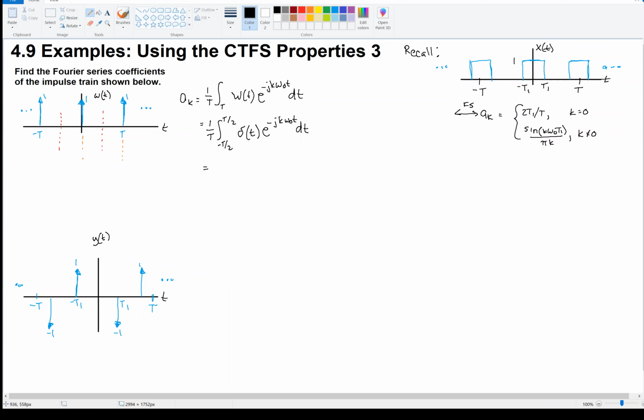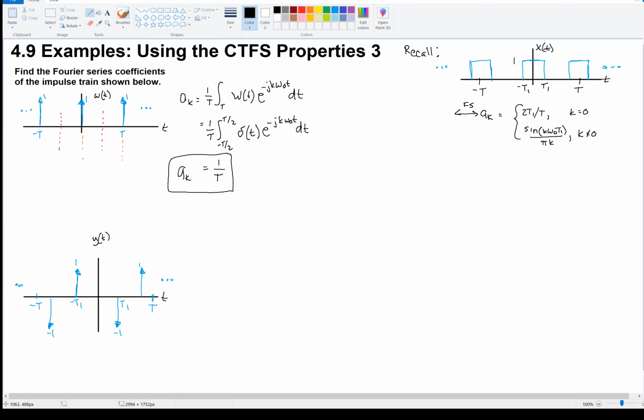And now from the sifting property of the impulse, this integral is simply equal to 1. And so I get 1 over T. So a_k is just constant, 1 over T.